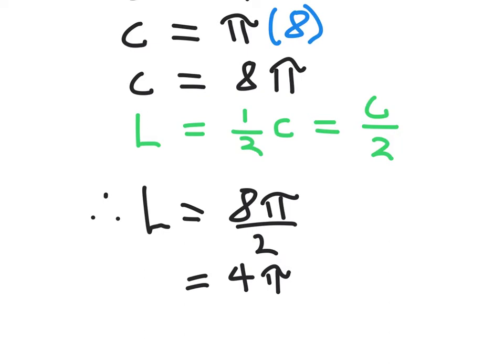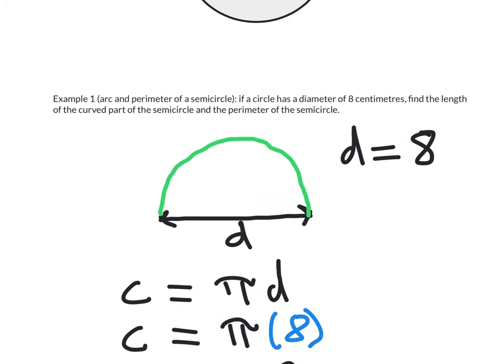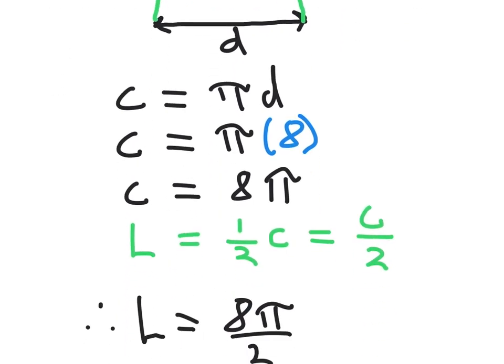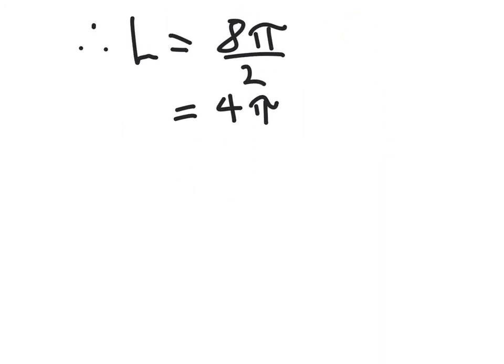Now if we come back up to our diagram for a moment, we found that green length, but the question also asks us for the perimeter of the semicircle. The perimeter would be this green length plus this black length d, so we need to add the length of the straight side as well. That's the total distance around the edge. So the perimeter is going to be equal to that arc length plus the diameter.